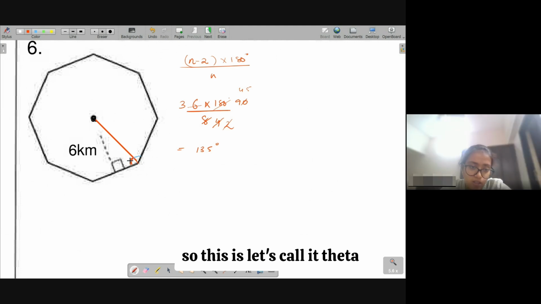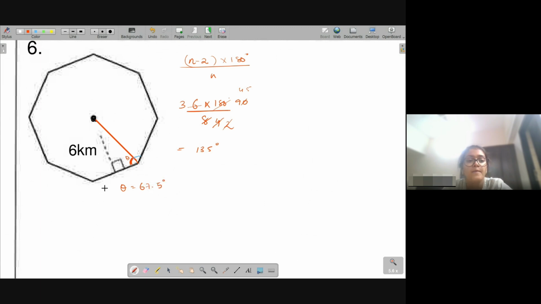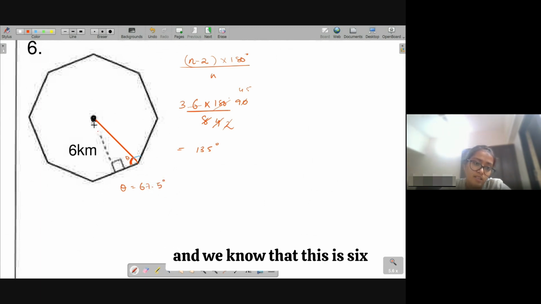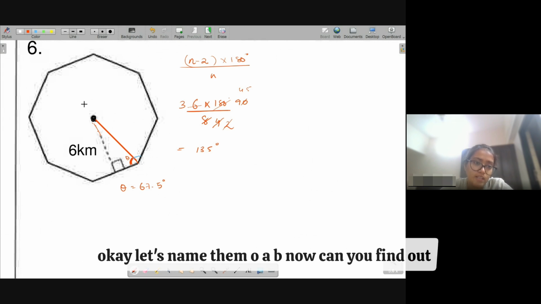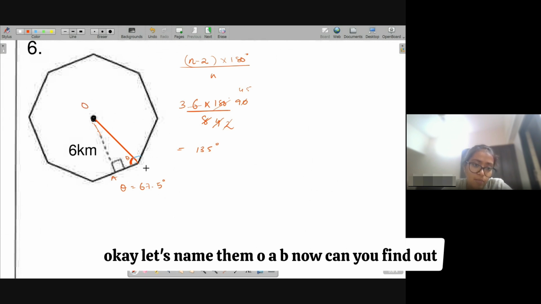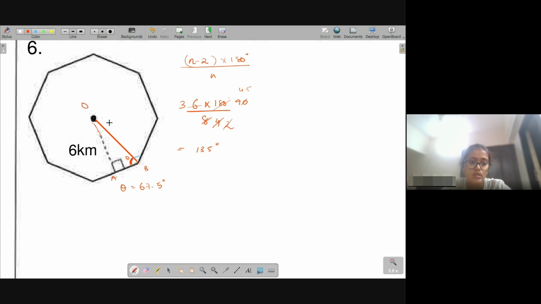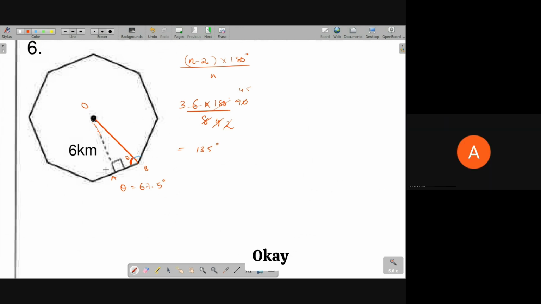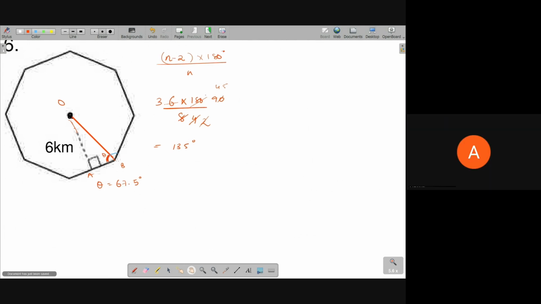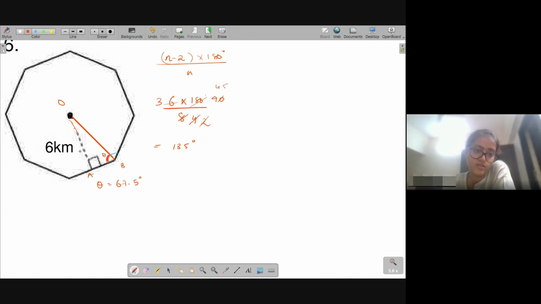Let's call it theta. So theta is 67.5 degrees, and we know that this is 6. Let's name them O, A, B. Now, can you find AB?